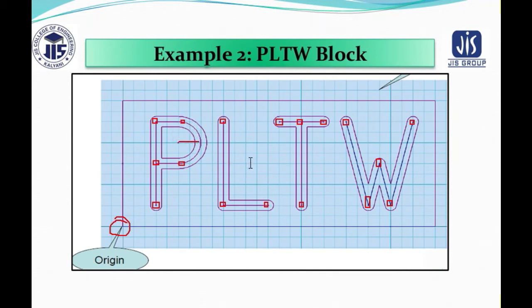This is R5 or 10, whatever may be the radius, you have to consider it. And this is rotating in clockwise movement. So which code are you using? You have to use G02. Clear?